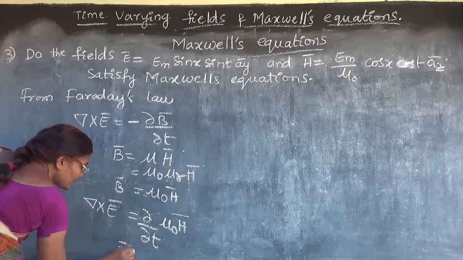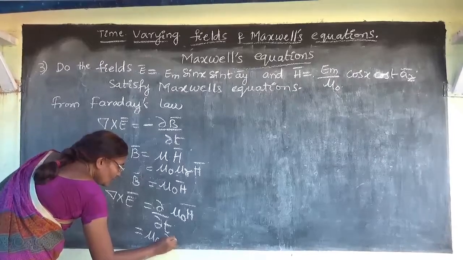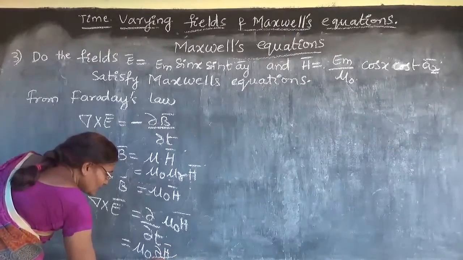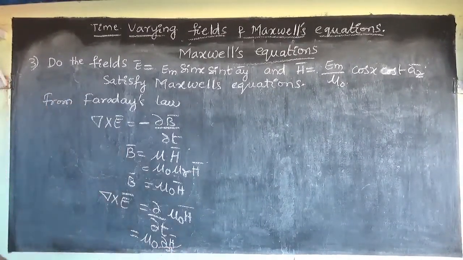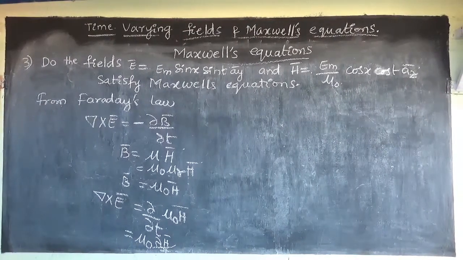So if I take this mu naught outside, mu naught dou H bar by dou t. So ఈ రెండు ప్రూవ్ చేయాలి. Now if they are equal, then I can say that these two fields will satisfy the Maxwell's equation. అది నాకు అర్థమవుతుంది.